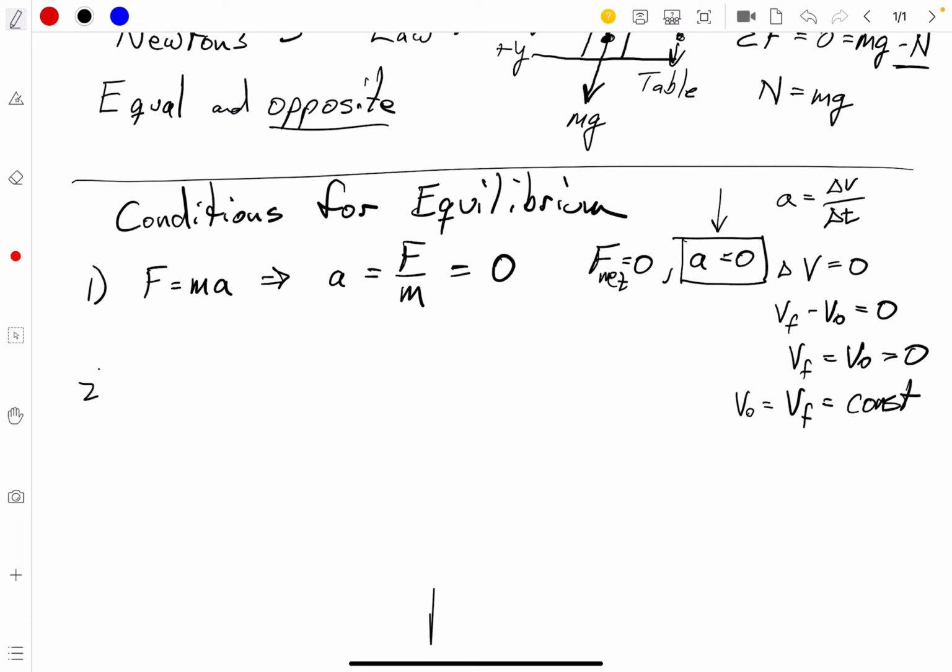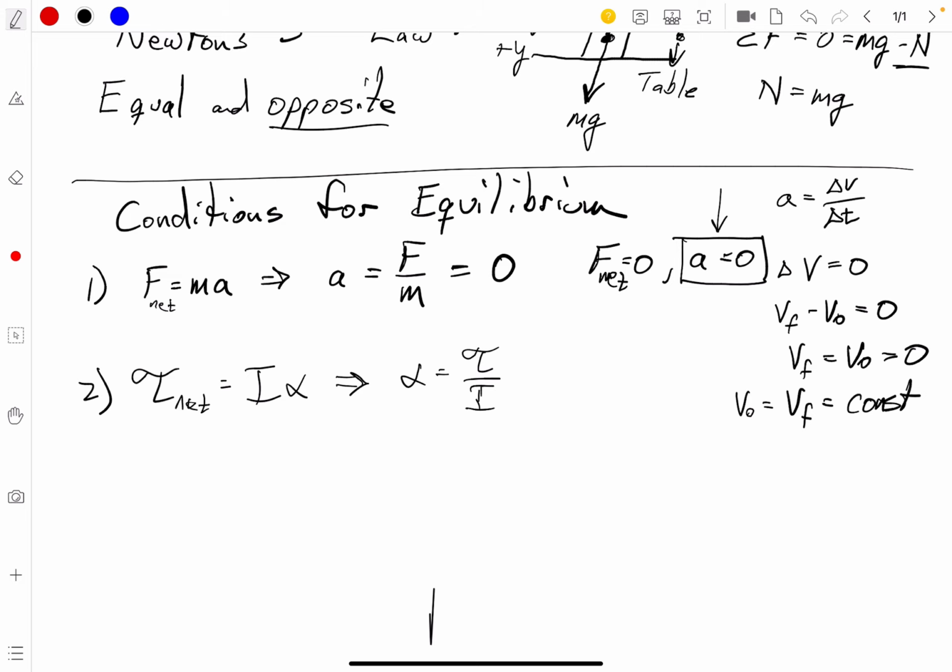Our second condition, torque, and I should be really putting net on this, is equal to I alpha, but it has to be 0. And again, we can put it in terms of torque and moment of inertia.